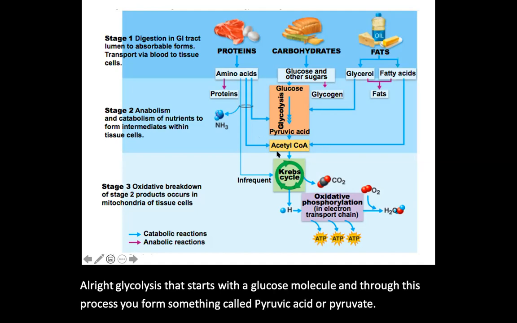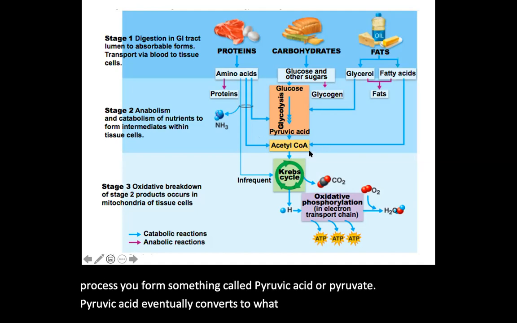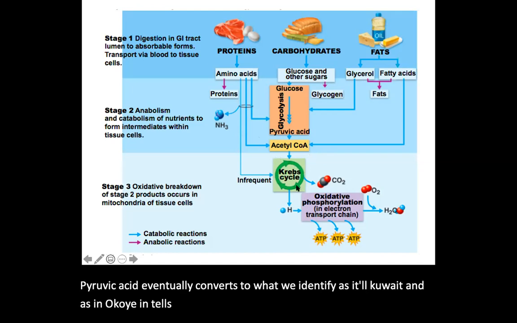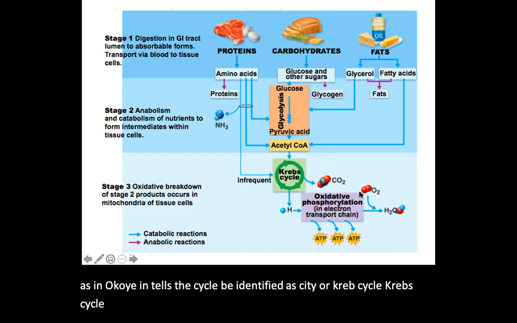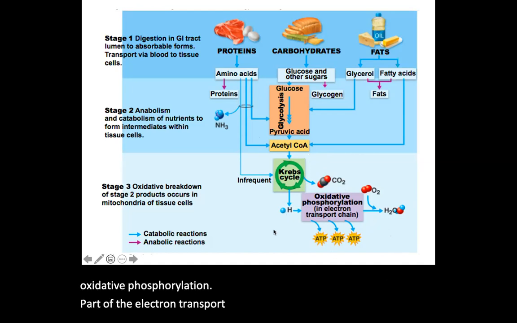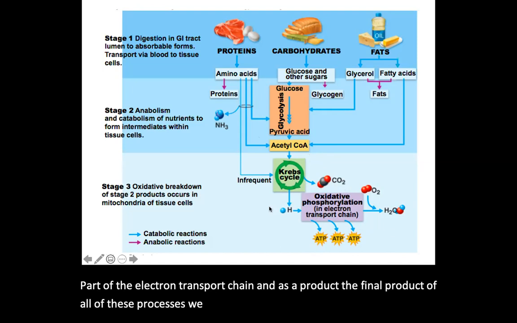Pyruvic acid eventually converts to what we identify as acetyl-CoA, and acetyl-CoA enters the cycle we identified as the TCA or Krebs cycle. The Krebs cycle eventually transfers these molecules to the last process, which is oxidative phosphorylation, which is part of the electron transport chain. And as the final product of all of these processes we're describing, you are producing ATP.